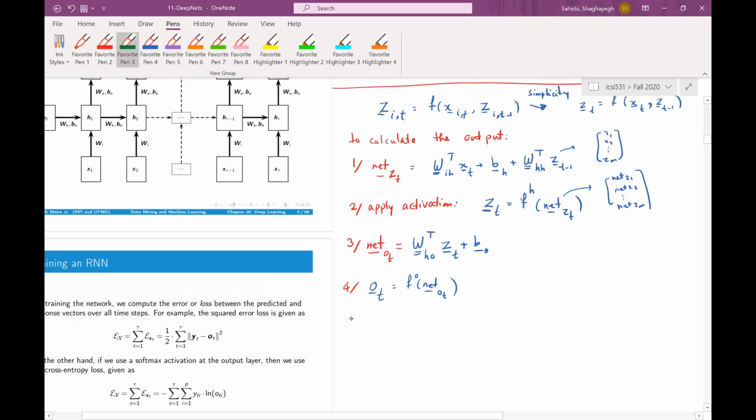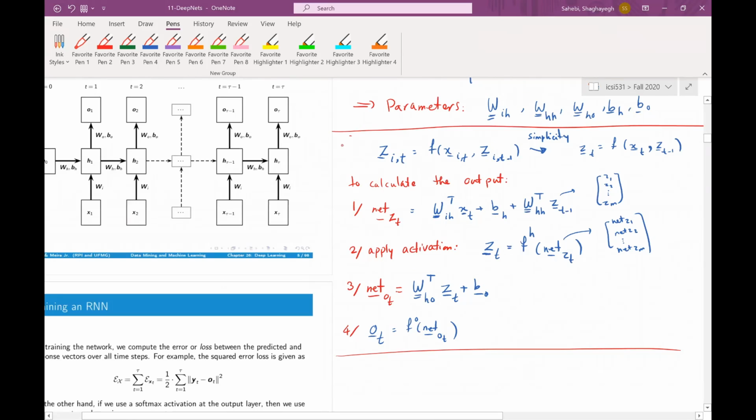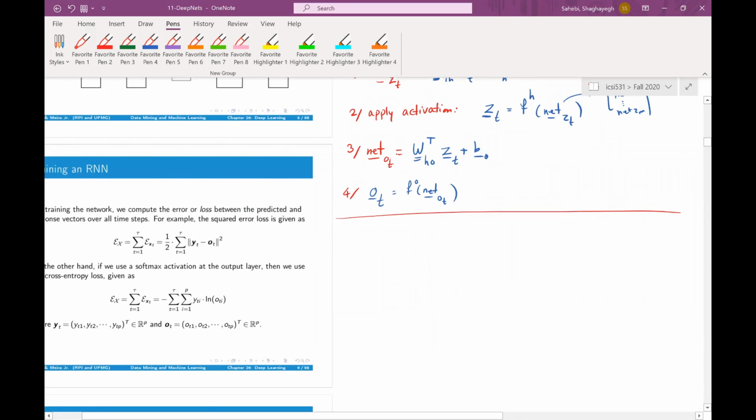Now for the backward pass, similar to before, we are going to calculate the error and then propagate it back in time. So for example, suppose that our error is the squared loss.